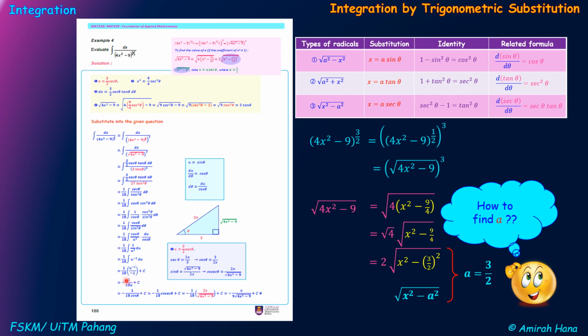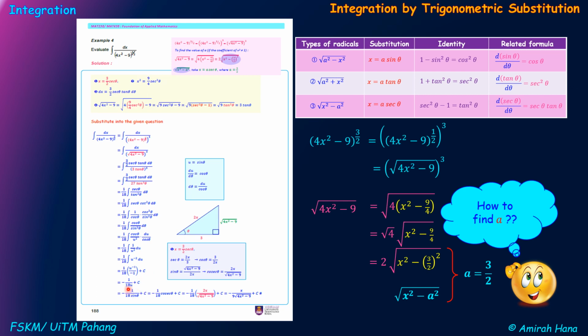And then positive 1 over 18 times negative 1 yang kat bawah ni, kalau kita simplify, akan jadi negative 1 over 18, and then u to the power of negative 1 ni under properties of indices boleh move down jadi u to the power of positive 1, and then plus c.